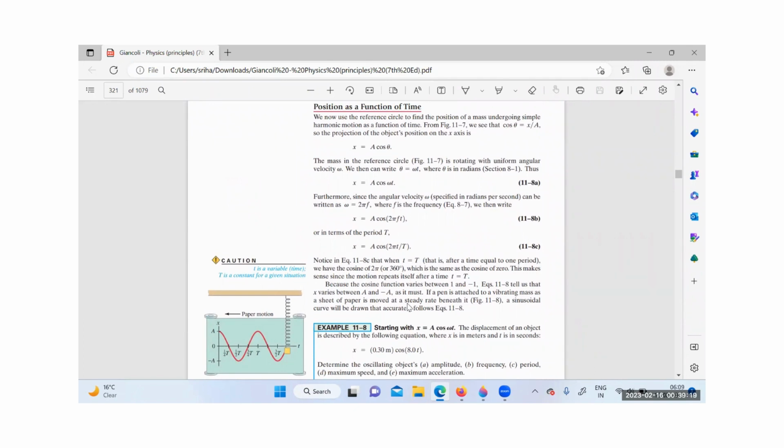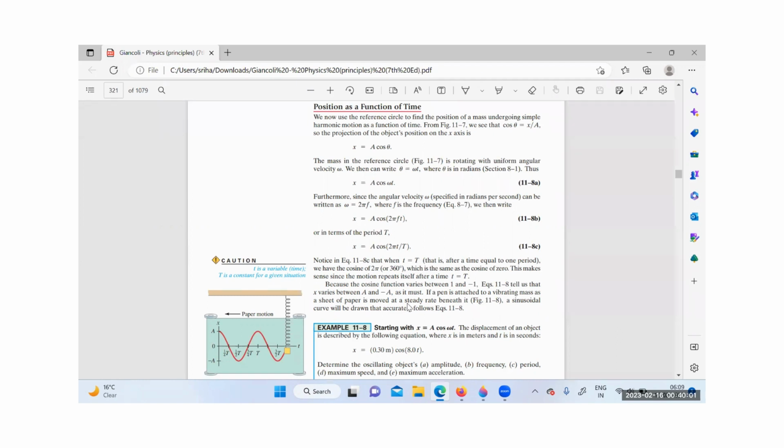So the amplitude is already kind of given, right? Because 0.3. From this equation only you can get to know what amplitude is. Yeah, so 0.3. And then for frequency, is it just 8?